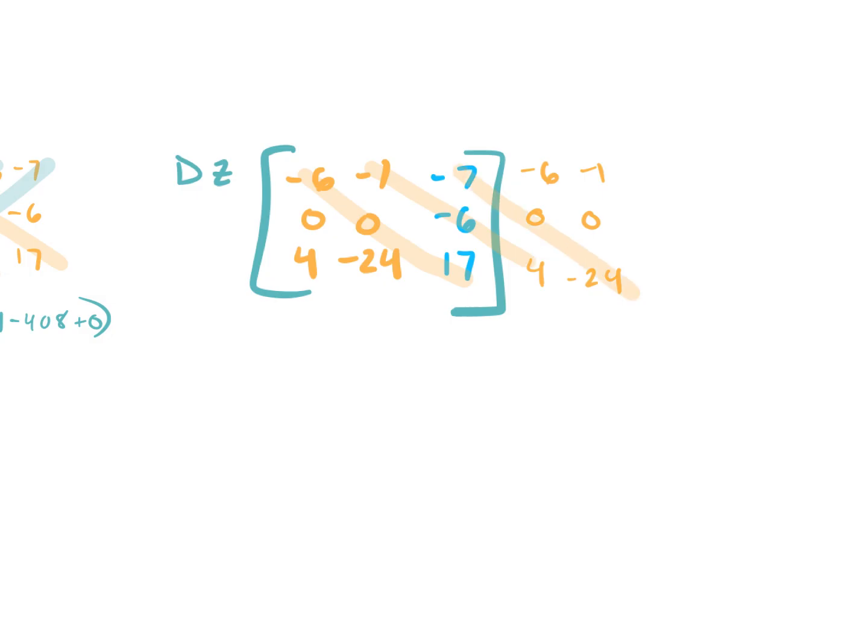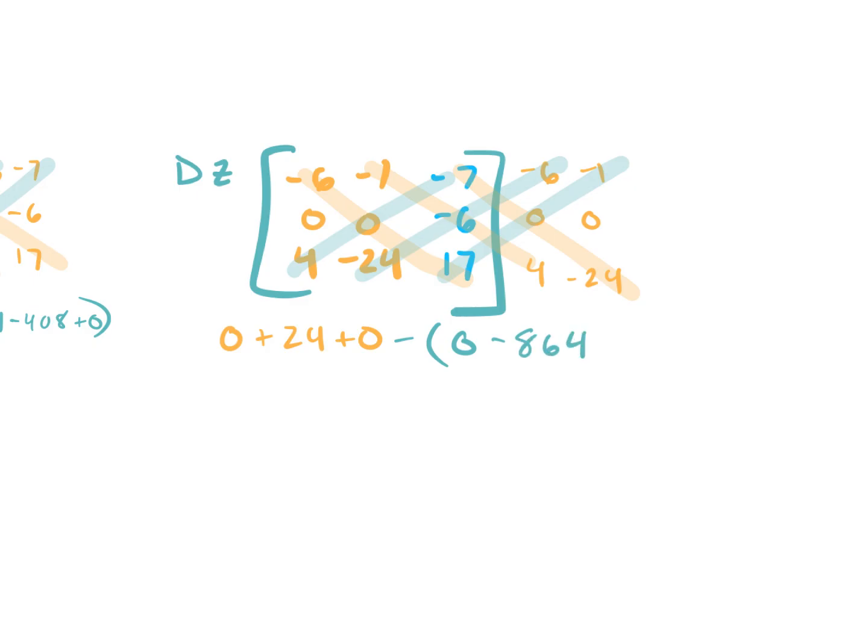So major minus minors. Majors start with 0 plus negative 1 times negative 4, negative 1 times negative 6 times 4 would be 24. 7 times 0 times 24 is 0. Then minus the minors, would be 0. 24 times 6 times 6 would be negative 864.